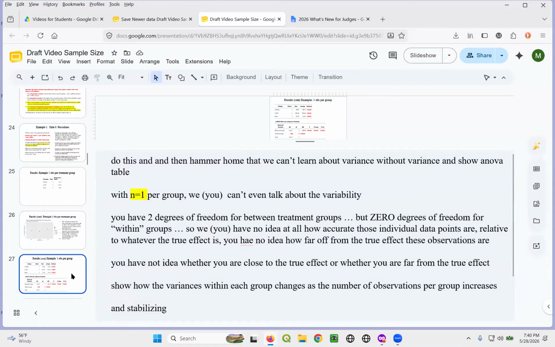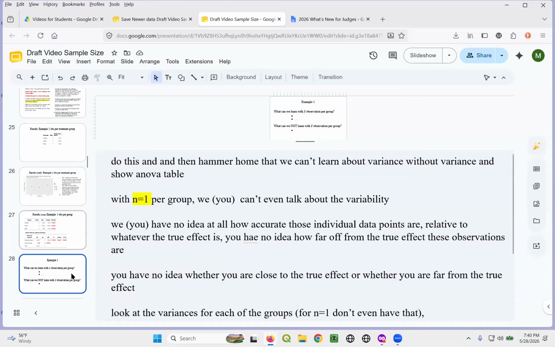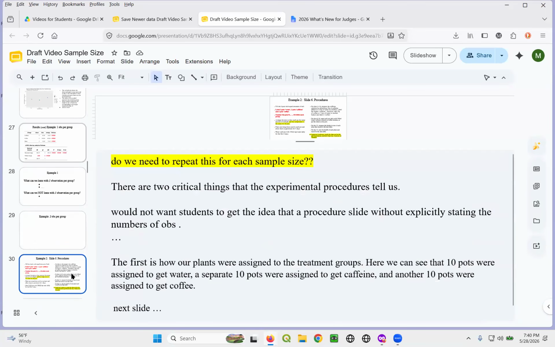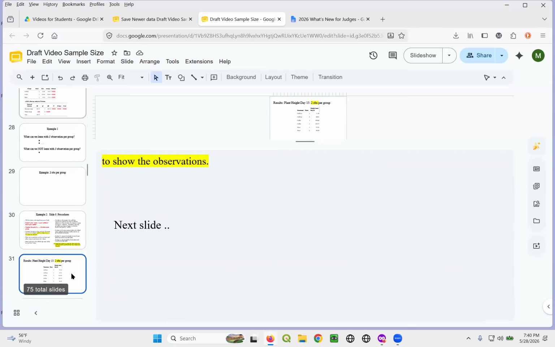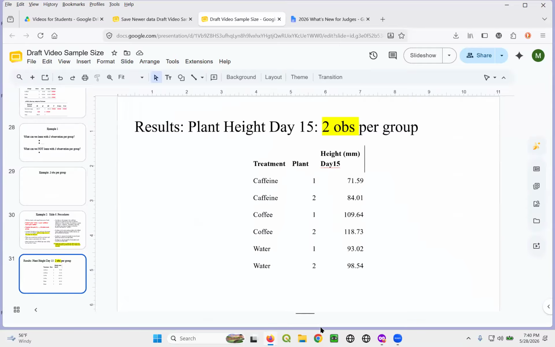So let's look at this summarize. We'll come back to that. So n equal 2. This is again the homogeneous cherries. Quite close.